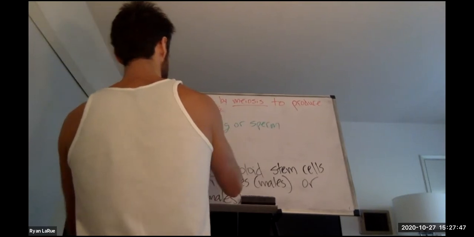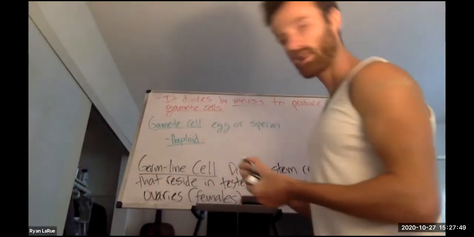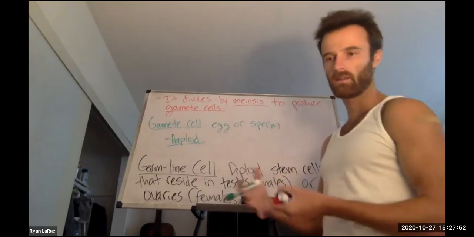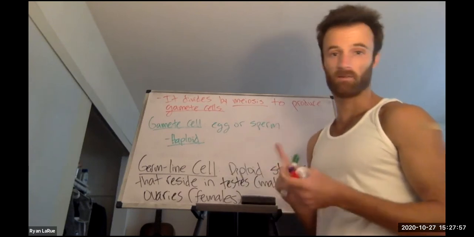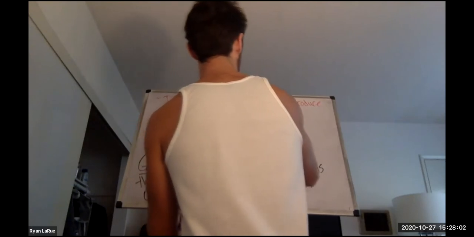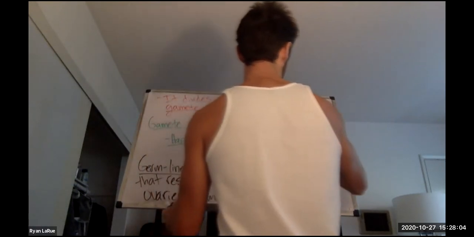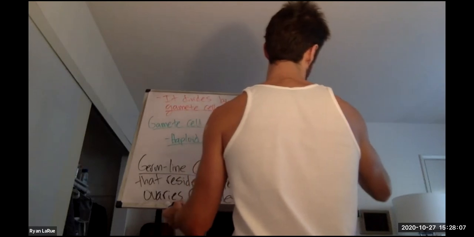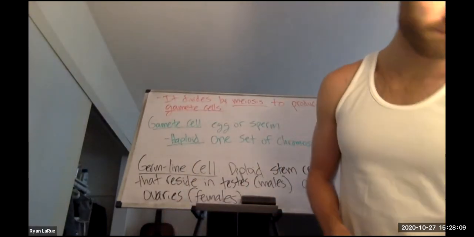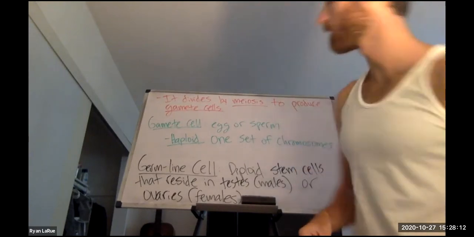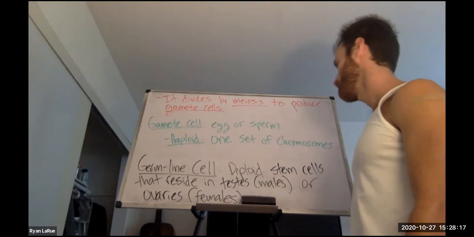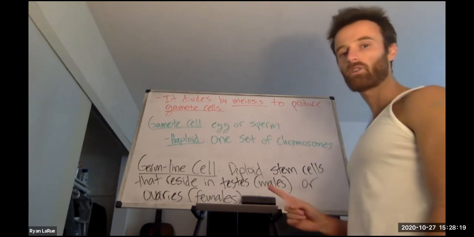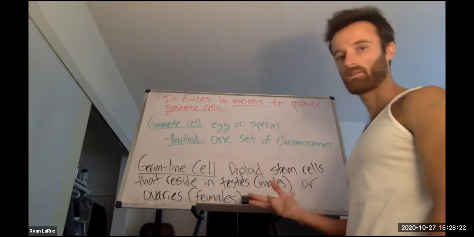It kind of sounds like half, right? Diploid versus haploid. Haploid means you have one set of chromosomes, not two. So you only have one chromosome 1, one chromosome 2, one chromosome 3, etc.